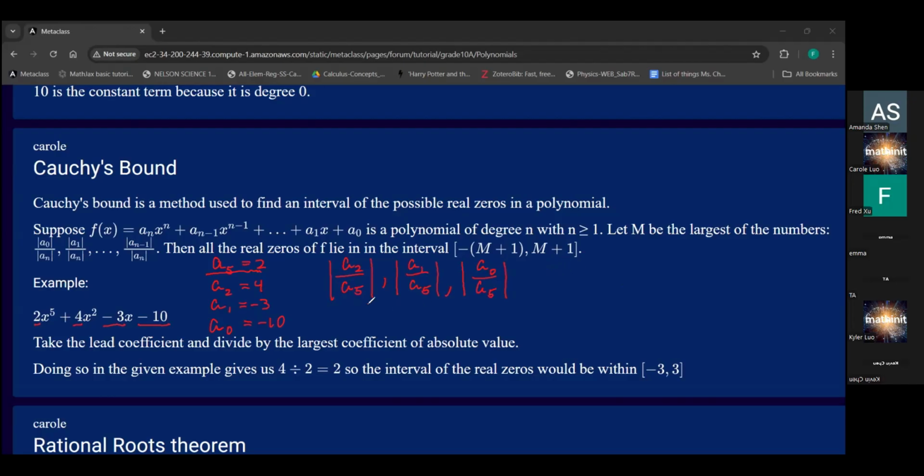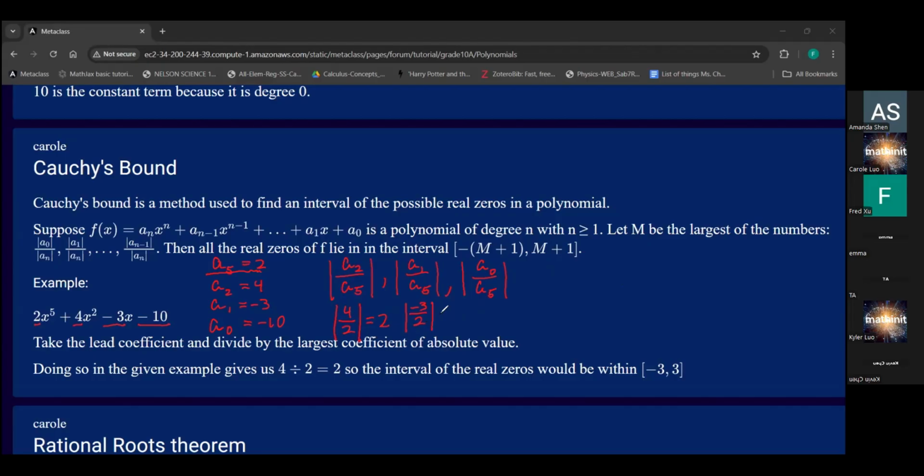And so to rewrite this one, we have a of 2 is 4. It's 4 over 2. And the absolute value of this is just 2. A of 1 over a of 5. A of 1 is -3. So -3 over 2. Remember, it's the absolute value, so it doesn't matter if this is positive or negative.